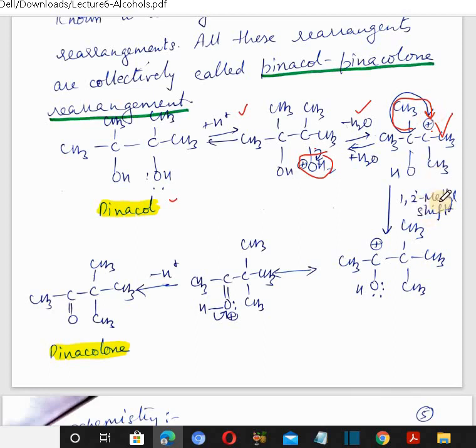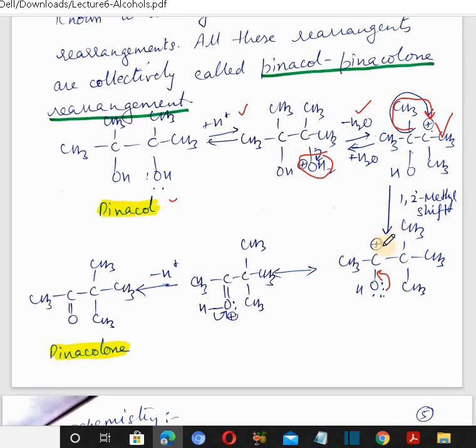So a methyl shift takes place, a 1,2 methyl shift, because these are adjacent carbons, and the methyl group from the adjacent carbon moves with its electrons to the carbon with positive charge. Now these electrons neutralize this carbon, and the other carbon will have positive charge, and here will be a double bond.